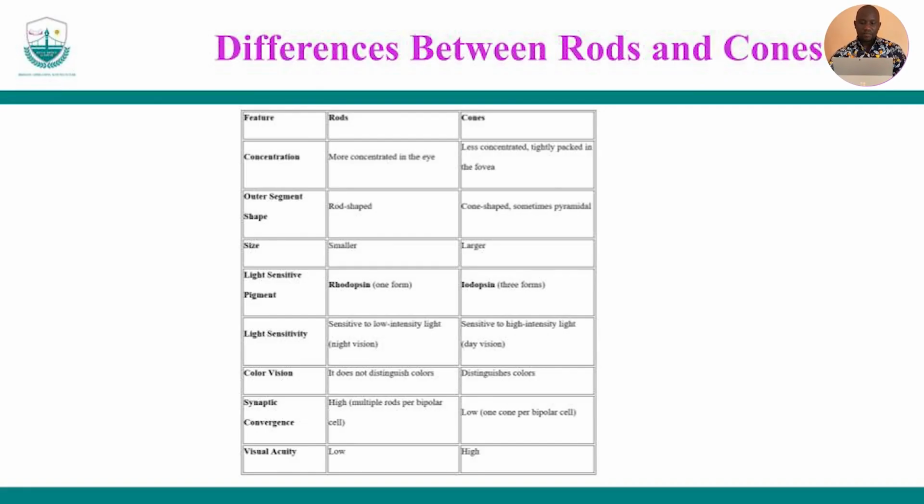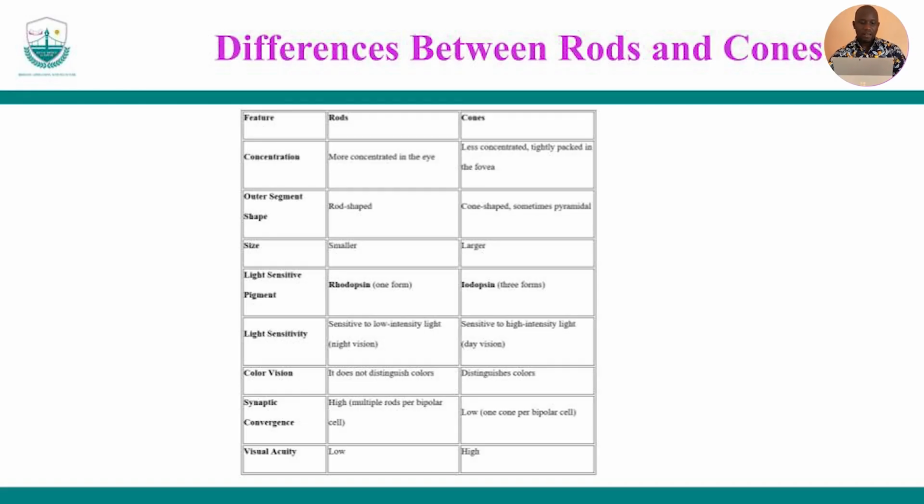And then you have the cones being sensitive in high intensity light, that is during the day, and then the rods are very good in low intensity environments, especially at night. And then the cones are very good at color perception, and the rods do not distinguish between the different colors that we have.